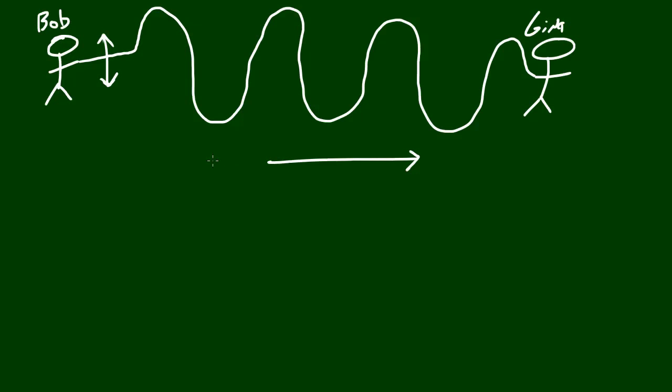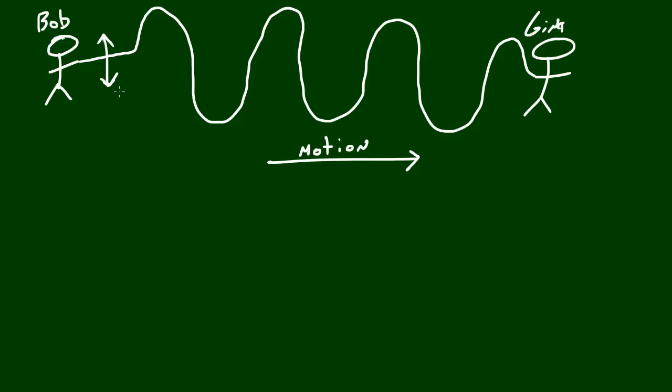Now, aside from having fun, what you notice, since you watch the Boston physics tutorials on YouTube, is that you were actually making transverse waves. Now, the definition of a transverse wave is a wave that vibrates perpendicular to the motion of the wave. So here is the motion or general direction of the wave going from Bob to Gina.